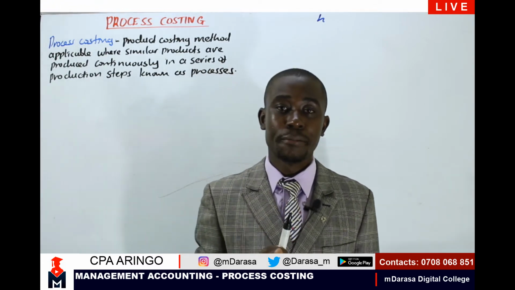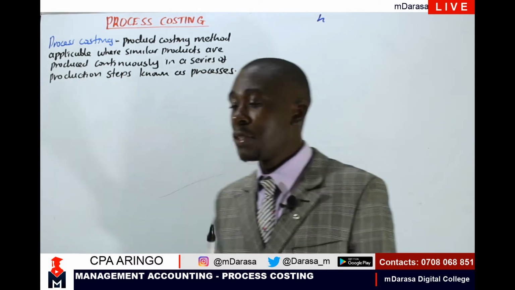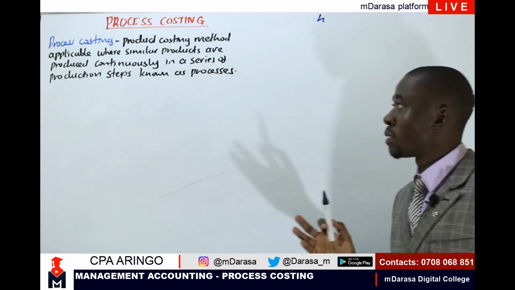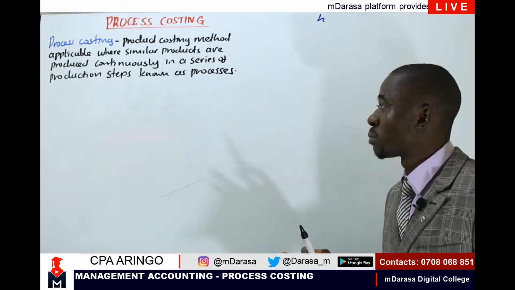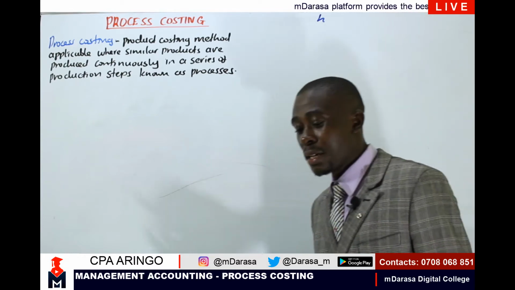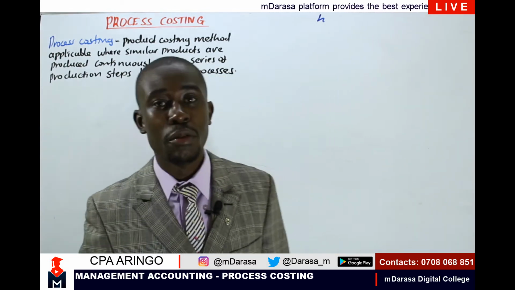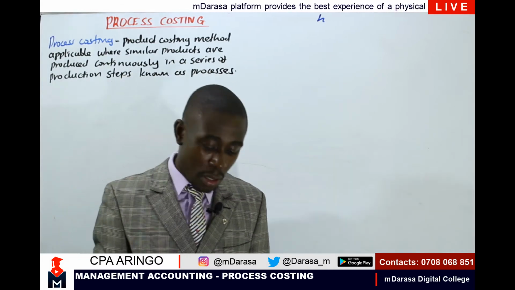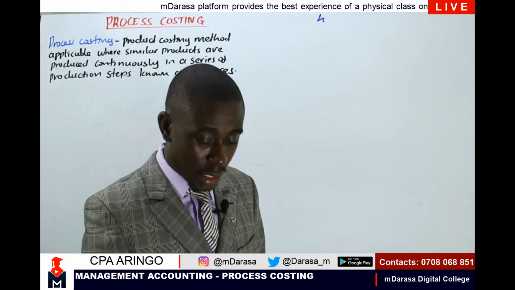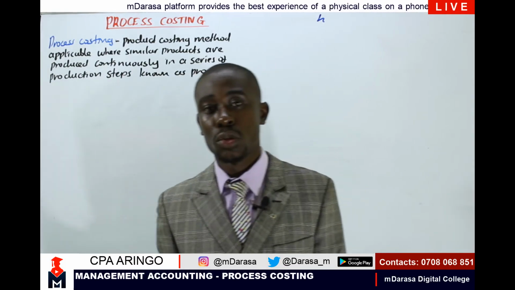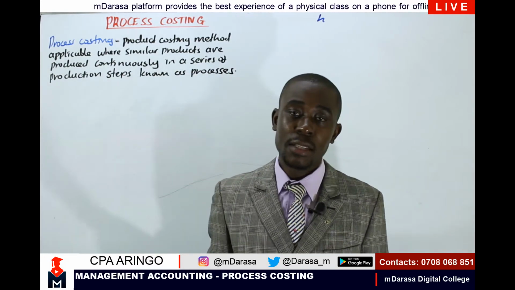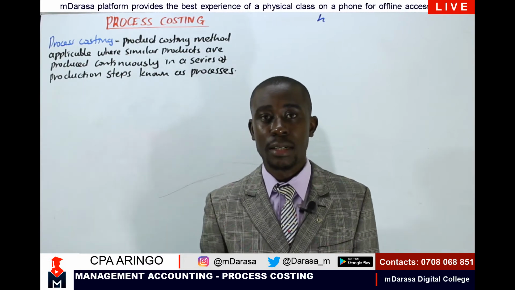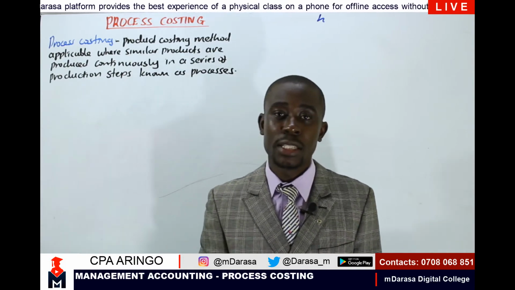Now, after we probably understand the concept of process costing, there are some elements that we should always be very keen with. In these stages, we are doing our production. We can anticipate some losses that you can incur during the stages.